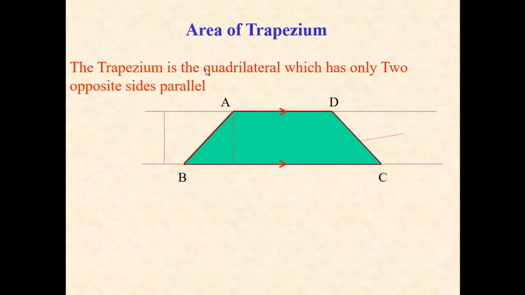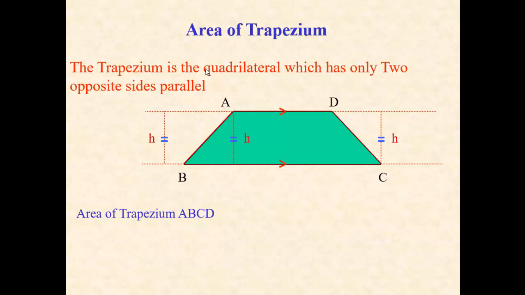Okay, how can we find the area of trapezium? Be careful, since AD is a straight line parallel to BC, the height of trapezium is any one of the perpendiculars drawn between the 2 parallel bases, and they are equal. Each one is called h, or height.